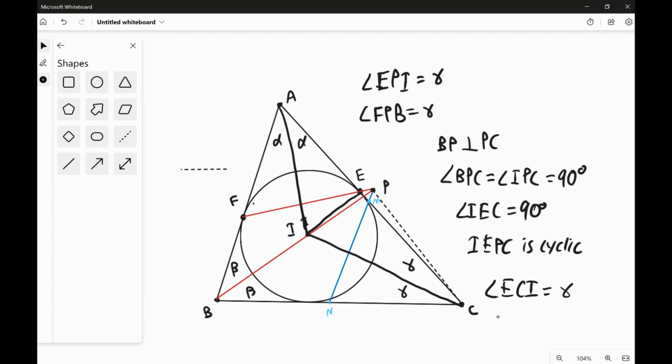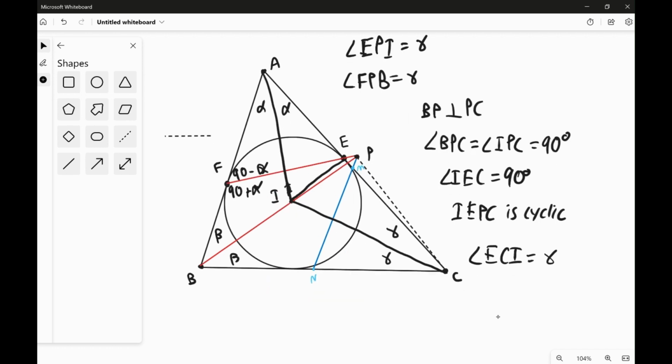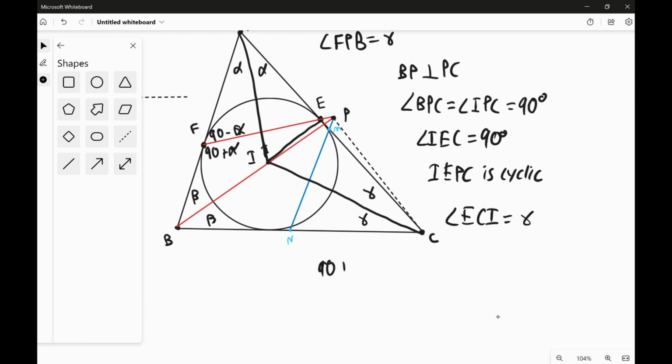So this here is 90 minus alpha. So this means that it would be 90 plus alpha here. And now we can just finish it up. So we then have that 90 plus alpha plus beta plus angle FPB is equal to 180 degrees.